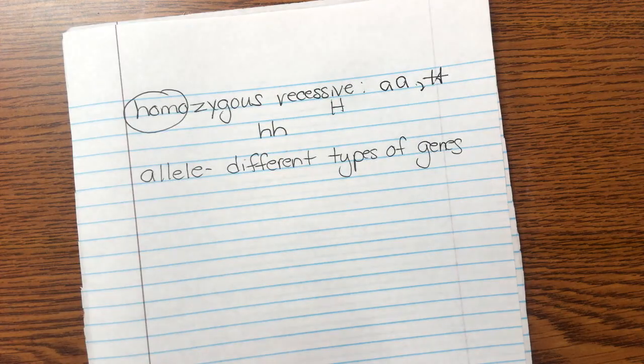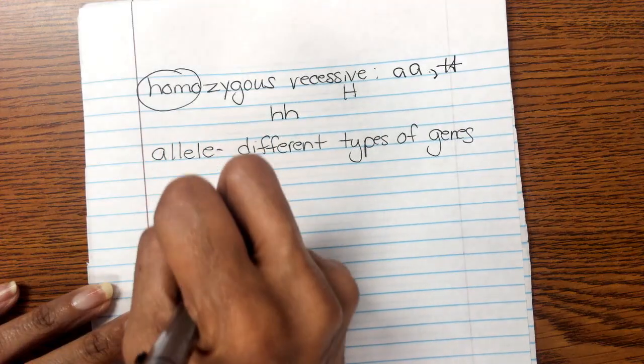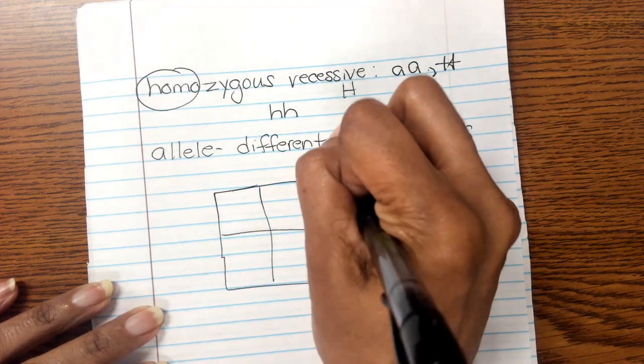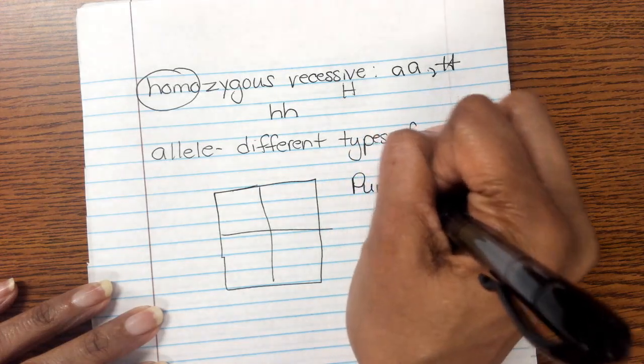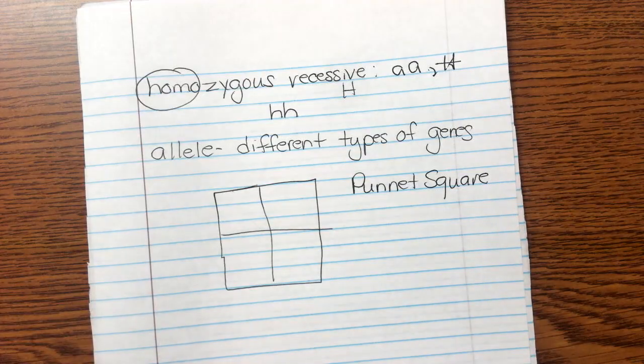All right, then we went into Punnett squares. So this little guy here. Okay, so a Punnett square is just basically a diagram that shows you the possible genotypes and phenotypes of the offspring. Okay, so remember, genotype is the genes or the letters or the genetic code, and phenotype is what you see.